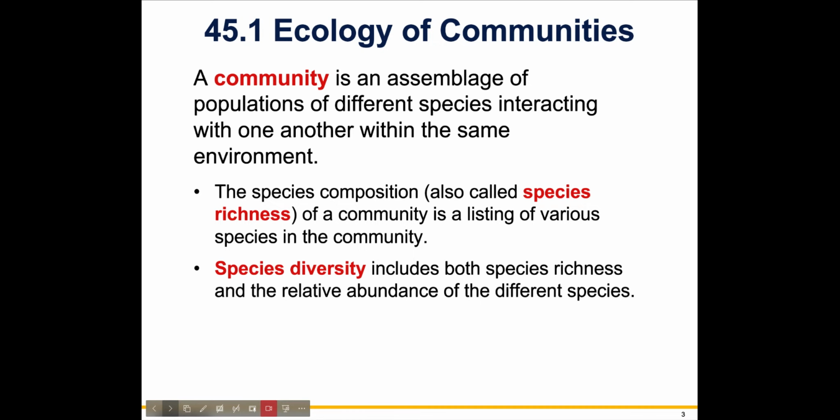So we'll get a species composition or richness where we can list the different species that are in a community. And then, of course, the species diversity, which is going to be the species richness, and then also the relative abundance. So, an actual count of how many different organisms of that species there are.